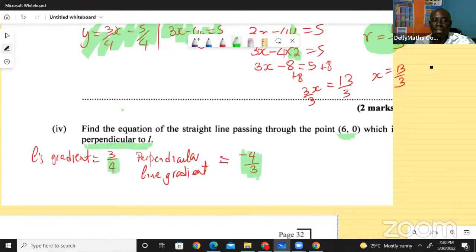So if L's gradient is 3/4, any line perpendicular to L would have, you flip the thing and turn it upside down and change the sign.